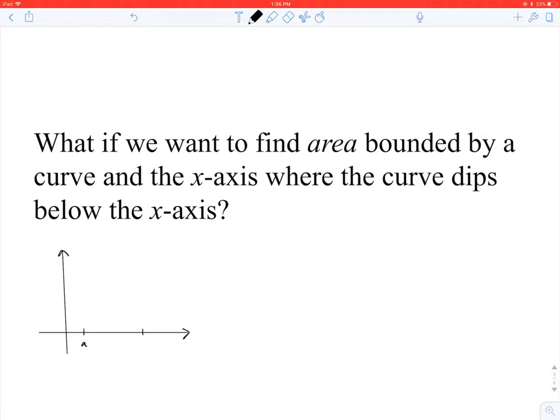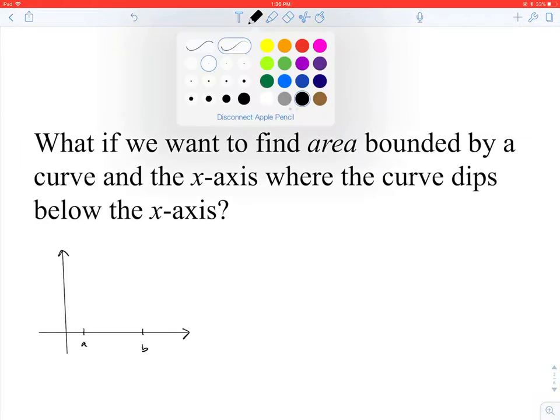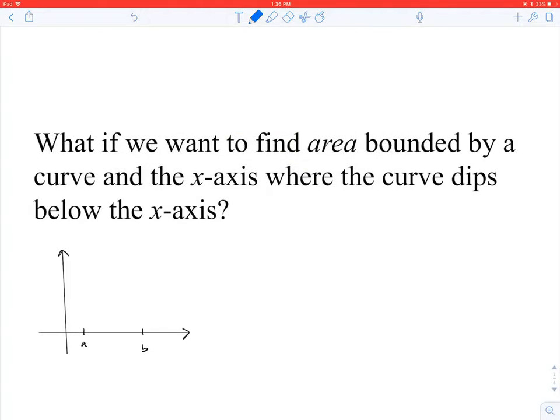So if you have a function from a to b that is completely above the x-axis, so all of the y values are positive on that interval from a to b, then when you integrate from a to b, f of x with respect to x, that ends up representing this area.